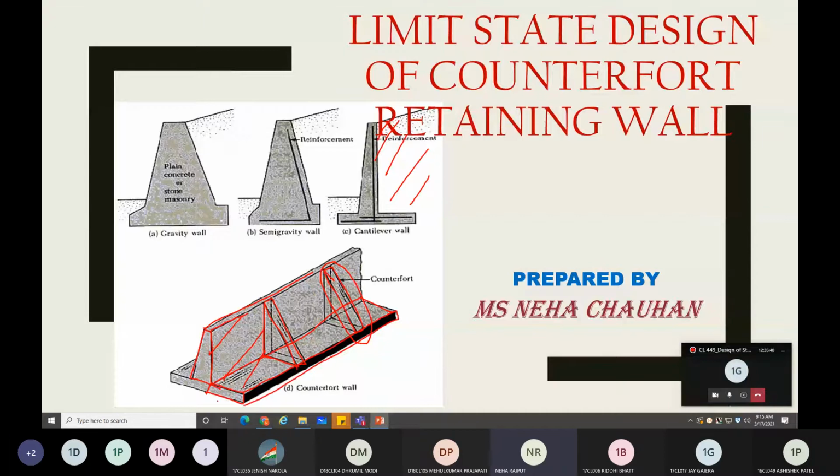This is a kind of slab, and this one is the toe, and this is the length view of the toe. Other than that, all the elements are the same as the cantilever wall. So this is the first difference.